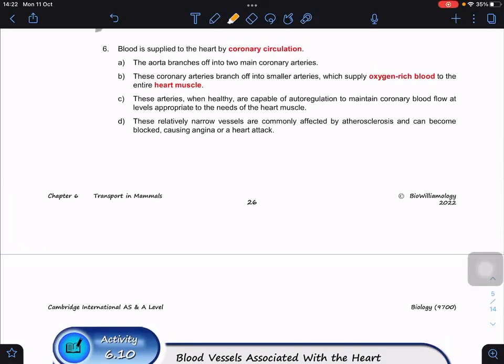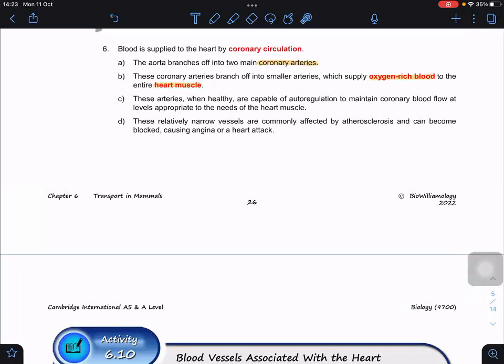The aorta branches off into 2 main coronary arteries, and these coronary arteries supply oxygen-rich blood to the heart muscle together with nutrients.